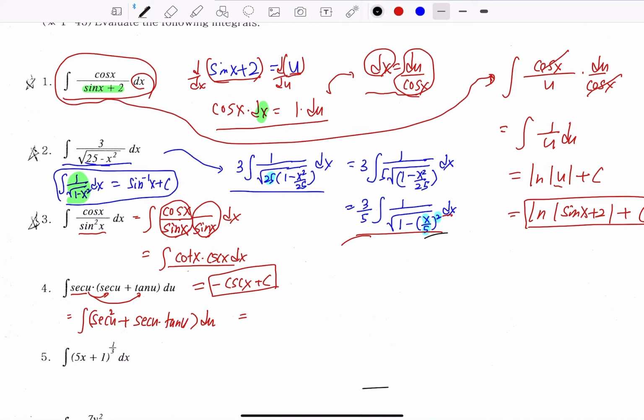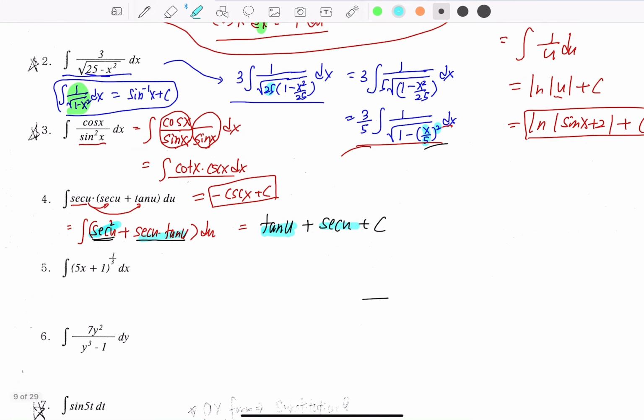Yeah, now you can directly find the antiderivative. The antiderivative of secant squared u is tangent u, plus the antiderivative of secant u tangent u, which is secant u, plus c, because the derivative of tangent u is secant squared u, and the derivative of secant u is secant u times tangent u.